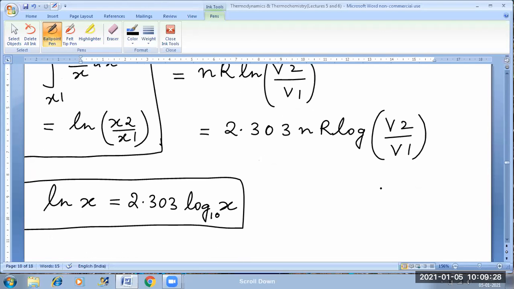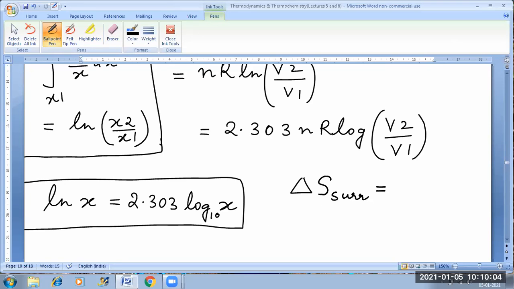What about delta S of surroundings? Now see, I told you that the surroundings will also be at the same temperature, right? Why? Because after I take some heat from the surroundings, or after I release some heat to the surroundings, there is no appreciable or significant change in the temperature of the surroundings, because the surroundings are much, much larger than my system.